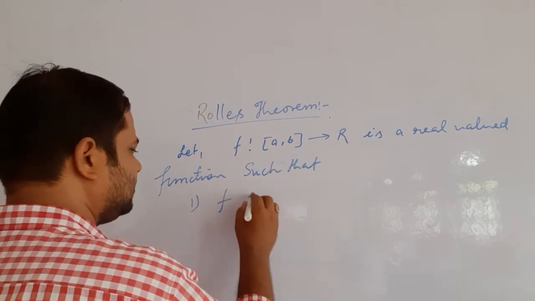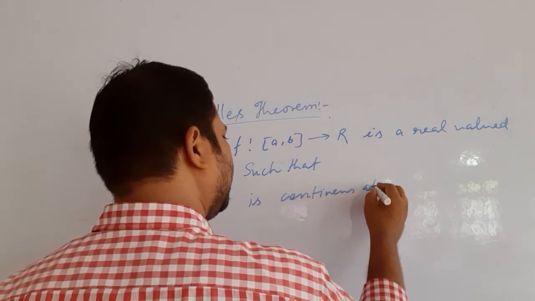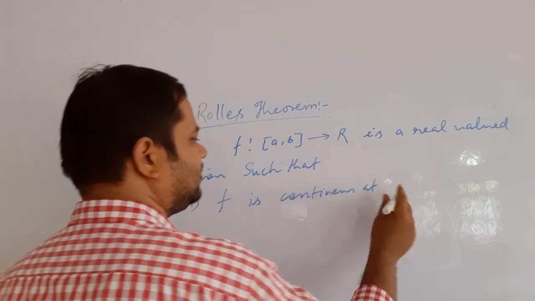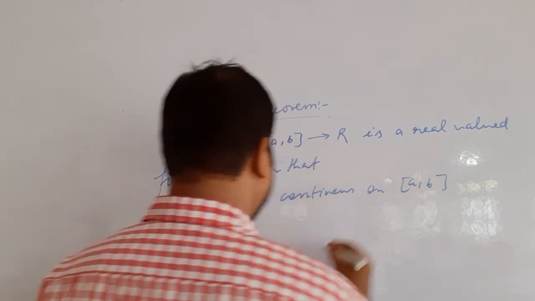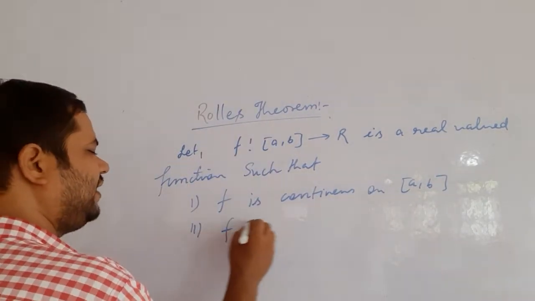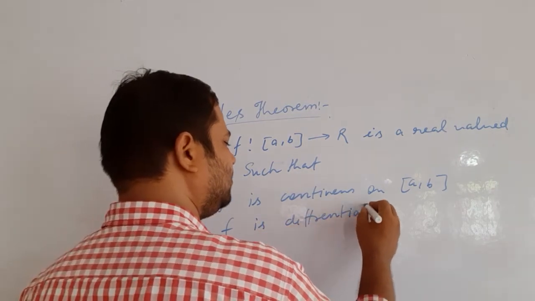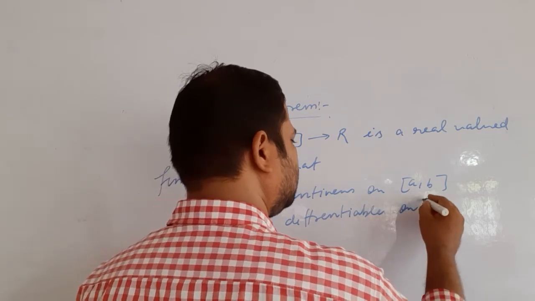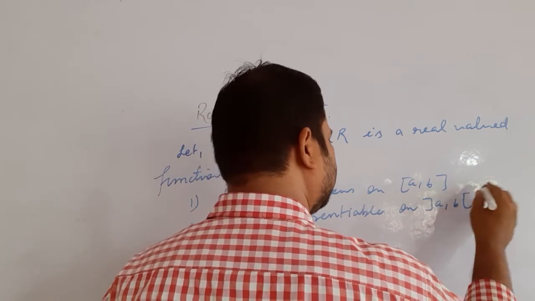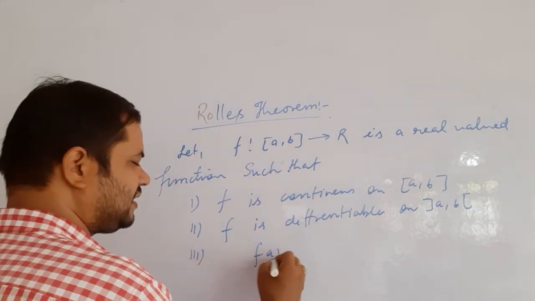f is continuous on the closed interval [a, b], f is differentiable on the open interval (a, b), and third one, f(a) is equal to f(b).